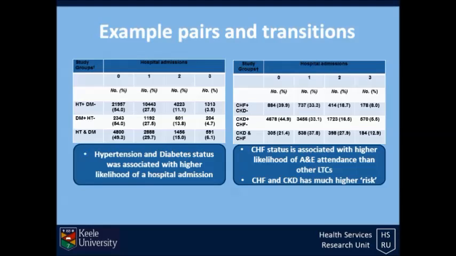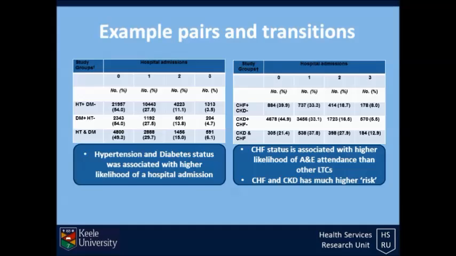If you look at the paper, which is available online and easily accessible, this data is also given for the other multimorbid pairs, and there's a gradient. So if you have hypertension and diabetes, although you're relatively more likely to have hospital admissions, it's not as high as the more severe group of people with chronic kidney disease and heart failure.